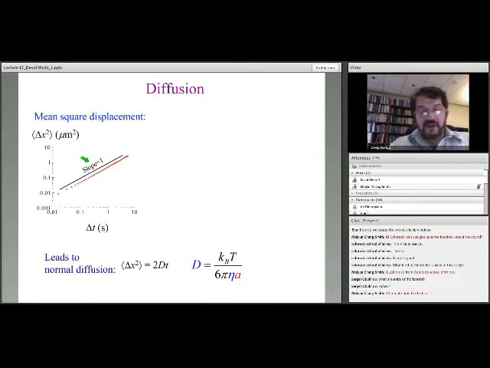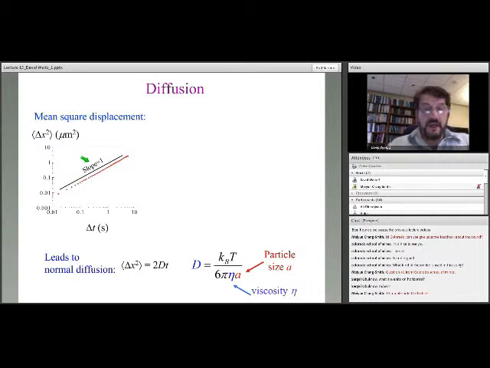You can either measure the size of the particle, a, or the viscosity. You need to know one to measure the other, or you need to know both to measure the diffusion coefficient. The diffusion coefficient is actually given by the intercept of these data, and from this, if you know, for example, the size of the particle, you can measure the viscosity of the system.